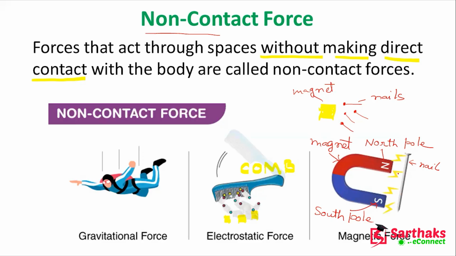Here pull will be applicable. So it is not in contact with the nail, but there is some distance between the nail and the magnet. Here you can see that the magnet is attracting the nails from a distance, right?